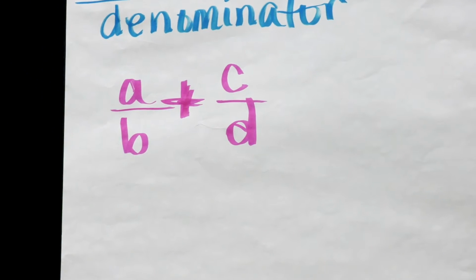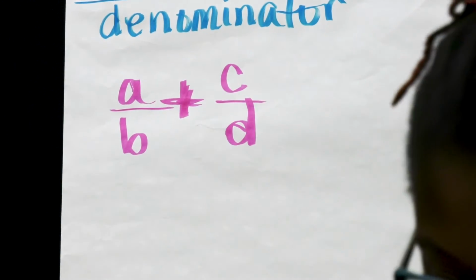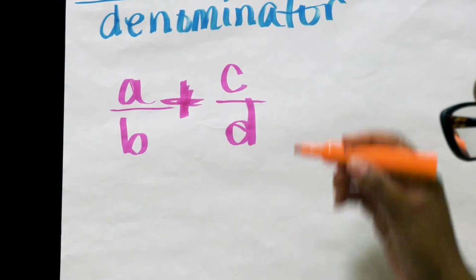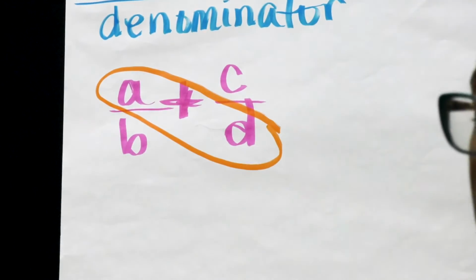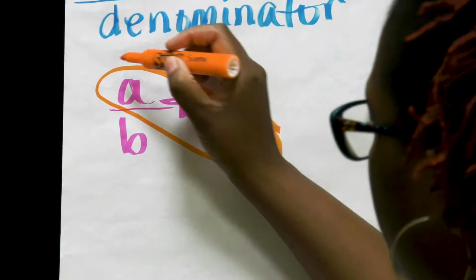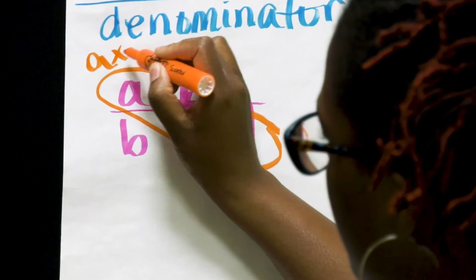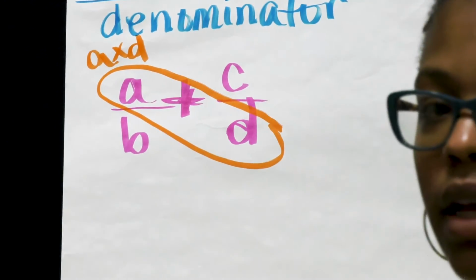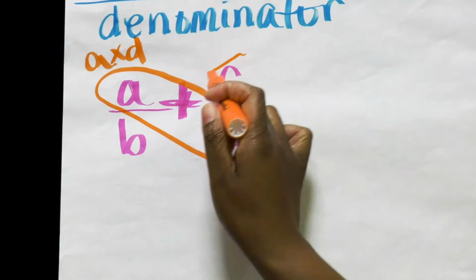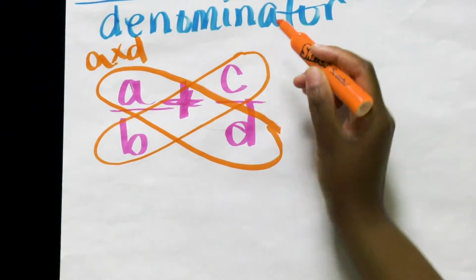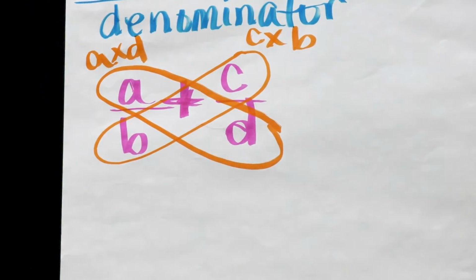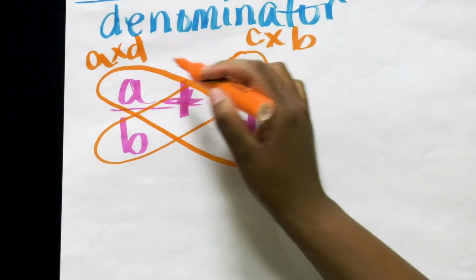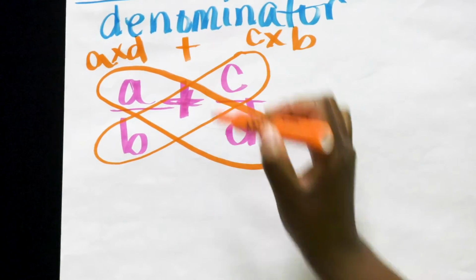If you remember the butterfly method, we drew our wing. This was one wing, and we took those two numbers and multiplied them, so we had A times D. Then we did the same thing on the other side, and we have C times B. Then we took those answers and added them together.